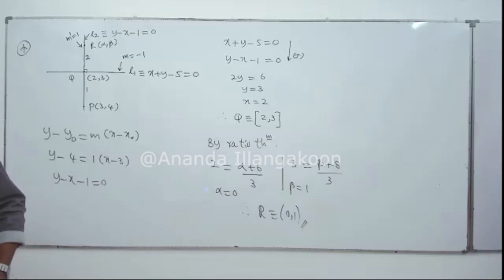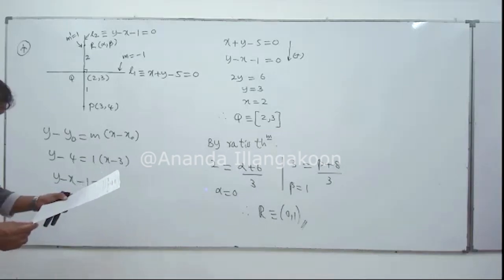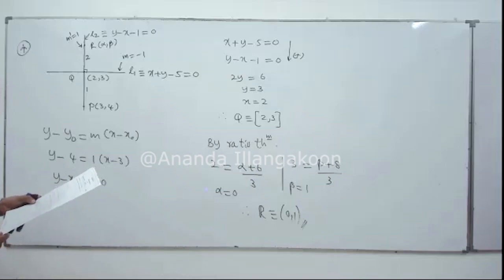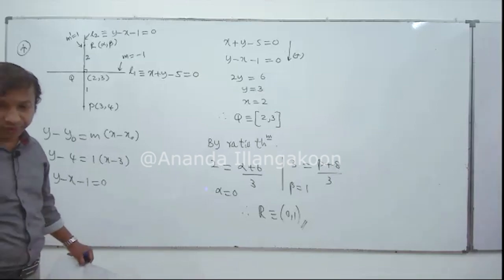Right, next question. Question number 5. Show that sec cube x plus 2 sec squared x tan x plus sec x tan squared x is equal to this. Right, this is finished.